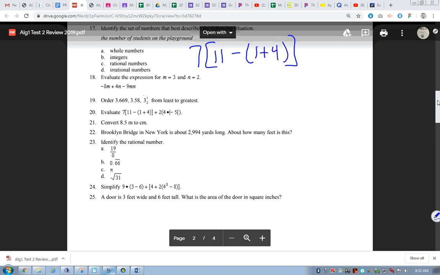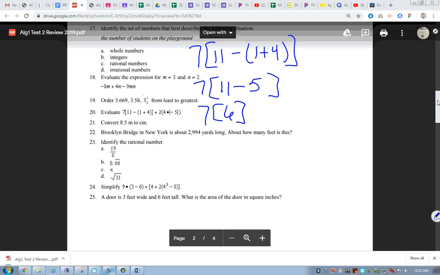Let's simplify that. Okay? All right, what do I do first in here? Parentheses inside the brackets, right? So 1 plus 4 is 5, so it's giving me 7 times 11 minus 5. What's 11 minus 5? 6, so we got 7 brackets, 6.